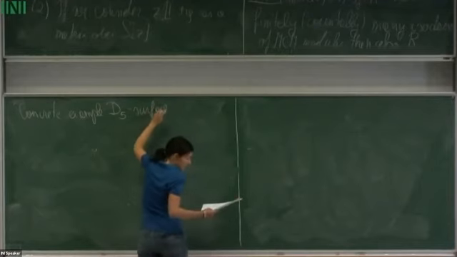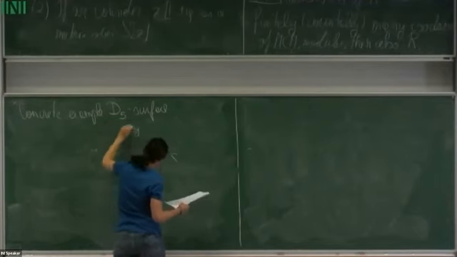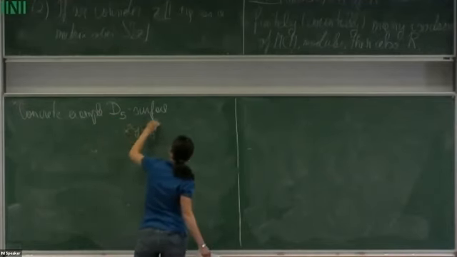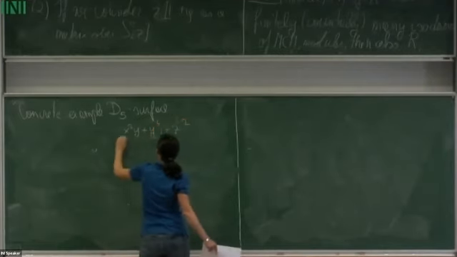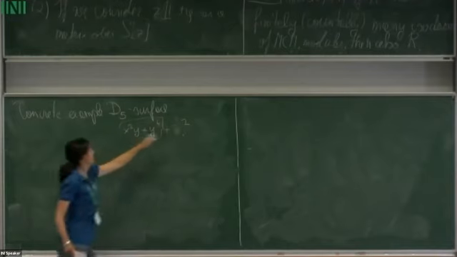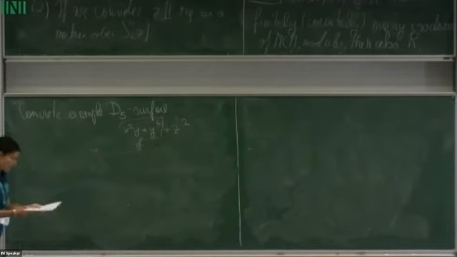The equation here is x squared y plus y to the fourth plus z squared. So this first part is the f, and this is the z squared.